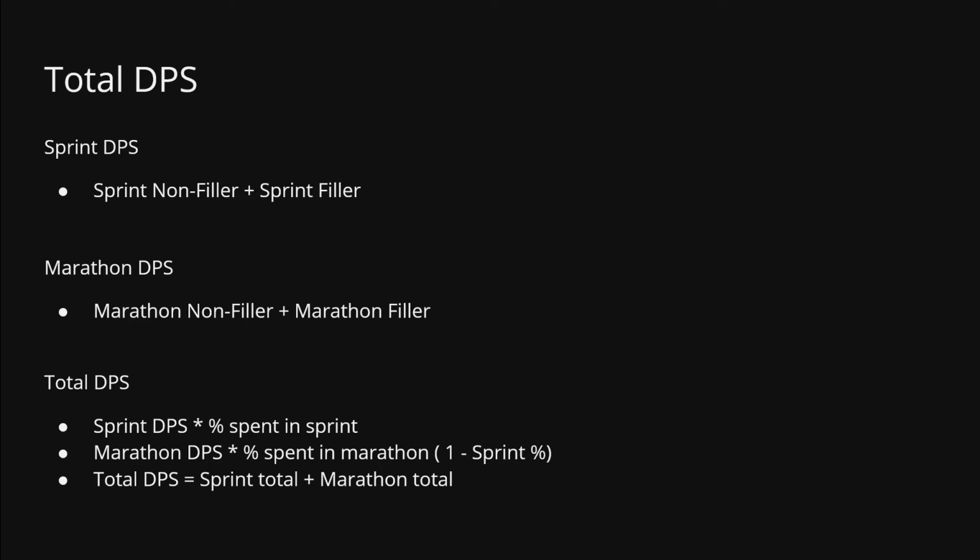And then you look at the time you'll spend in both of those sections, where sprint is just all the time you actually have free casting, so to speak, without needing to life tap. And then the same is done for marathon, except marathon is the time you're actually not in sprint of your total fight length. And then your total DPS is your total from in sprint and your total from in marathon.